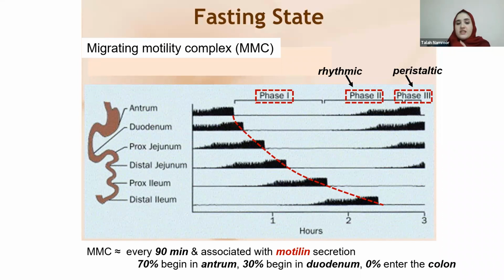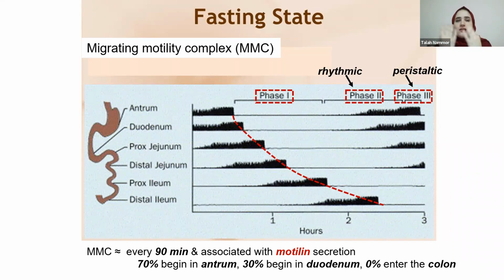Phase 1 is followed by an erratic, non-propulsive phase, which is made up of rhythmic contractions. This makes up 40% of the time. In this time, the stomach will start having rhythmic contractions.